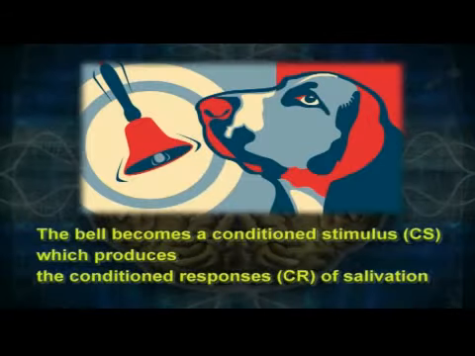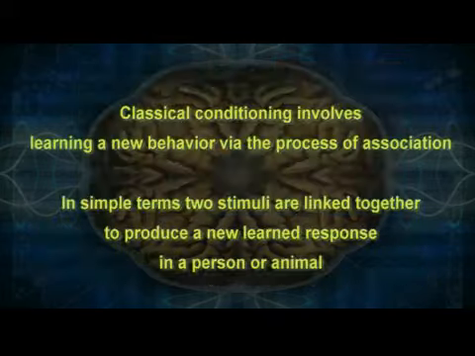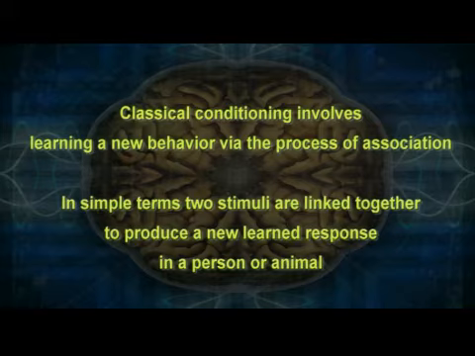Then the bell becomes a conditioned stimulus, CS, which produces the conditioned response, CR, of salivation after repeated pairings between the bell and food. Classical conditioning involves learning to associate an unconditioned stimulus that already brings about a particular response or a reflex with a new conditioned stimulus, so that the new stimulus brings about the same response.